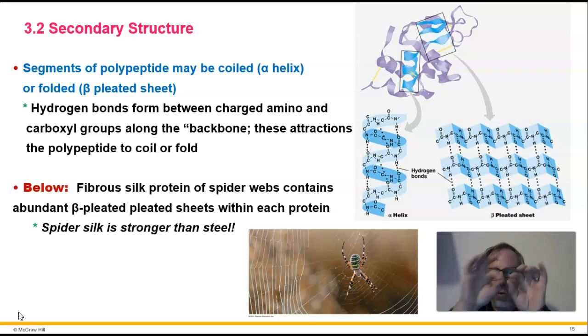If you have two thin strands, one of spider silk and the other of steel, the spider silk would be stronger. It's made possible by all these pleated sheets in the spider silk that are making hydrogen bonds and holding those shapes together. Makes it really, really strong. So that's the secondary level: coils and folds in a polypeptide.